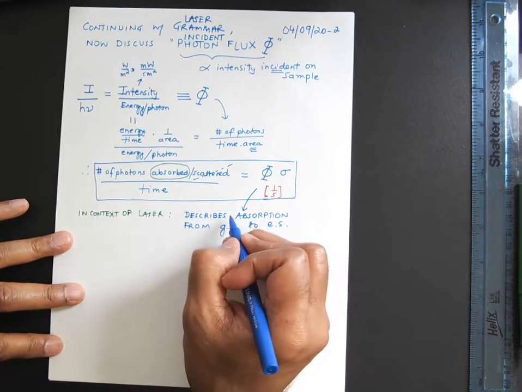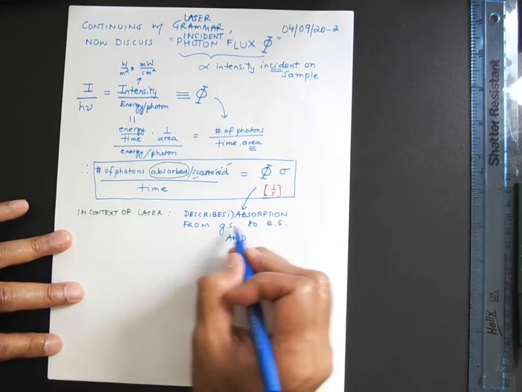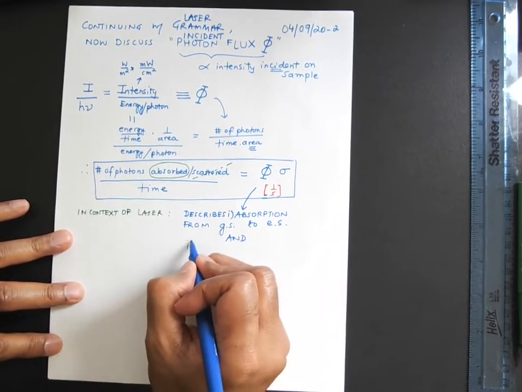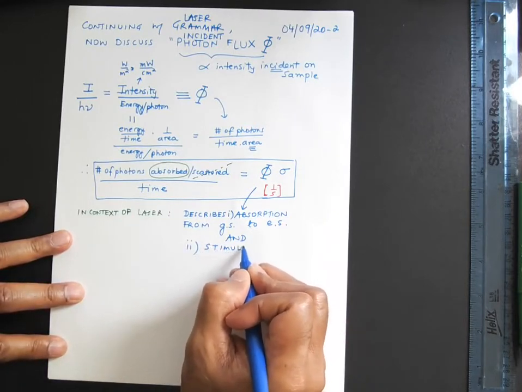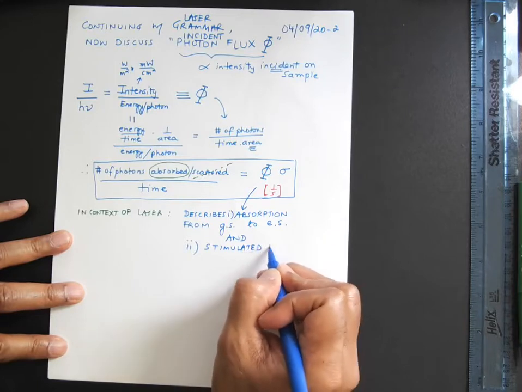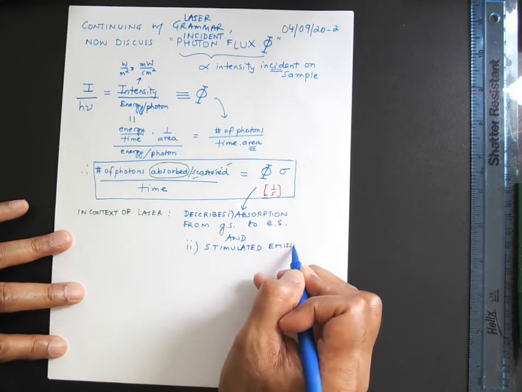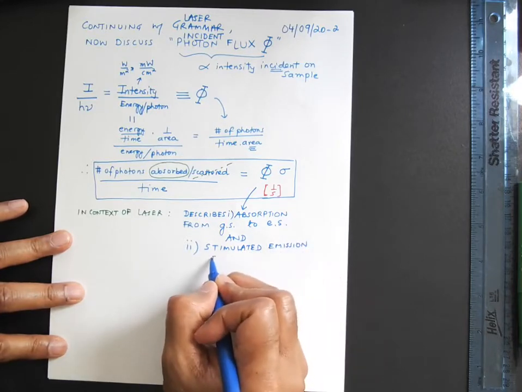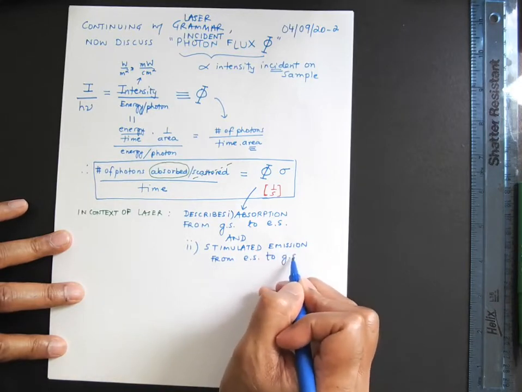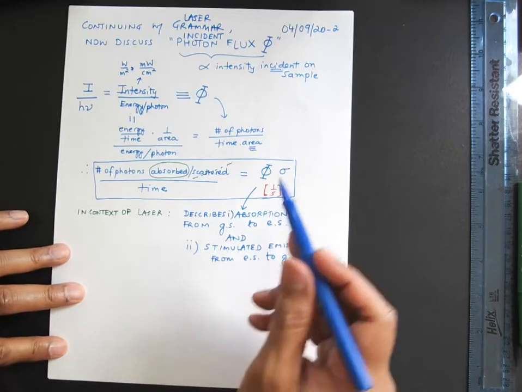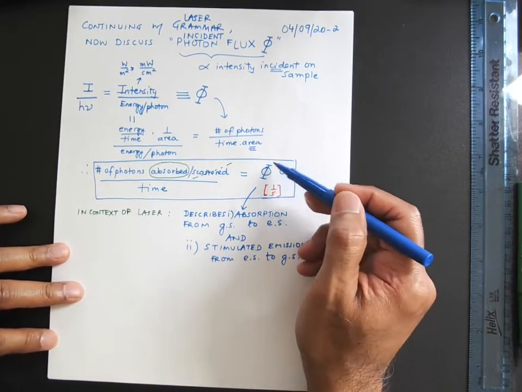It describes one, absorption from ground state to excited state, and it also describes stimulated emission back from the excited state to the ground state. Both these processes are described by this term here.